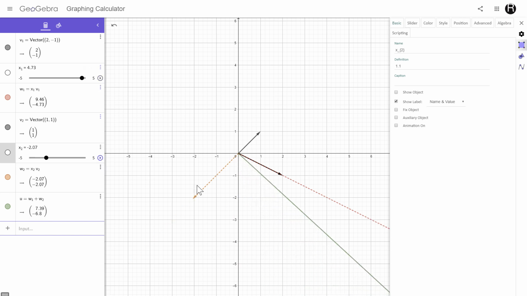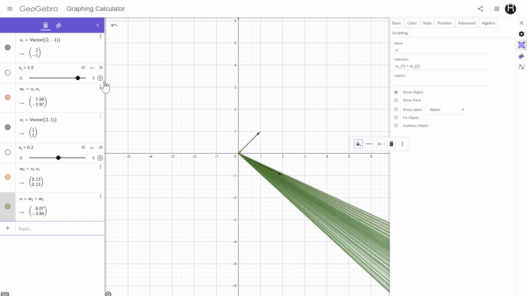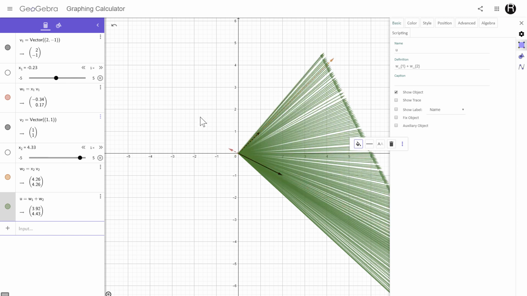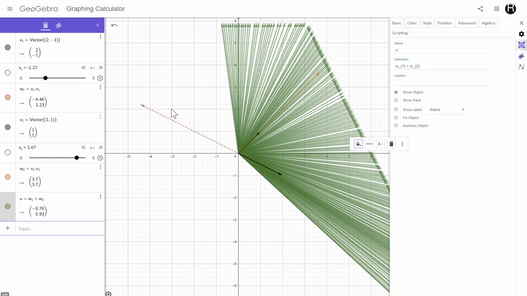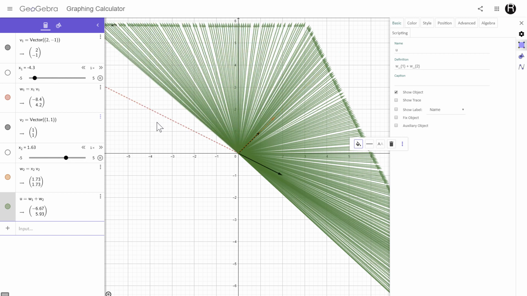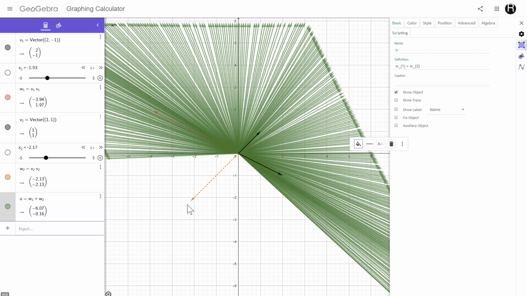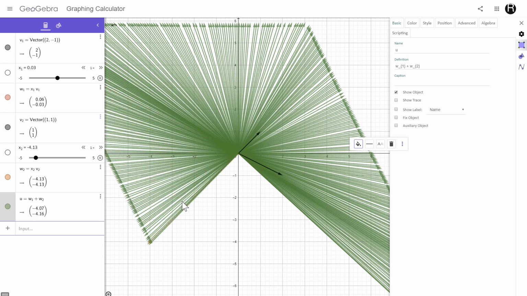Actually, a good visual for this is to show the trace and then just let this run. We can see that this vector, the linear combination of those vectors, looks like it'll span anything on this xy plane.